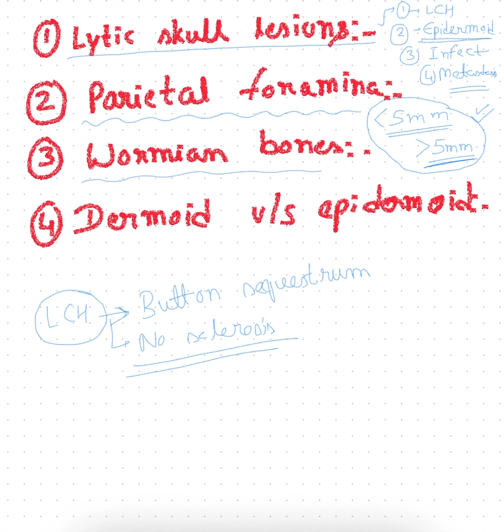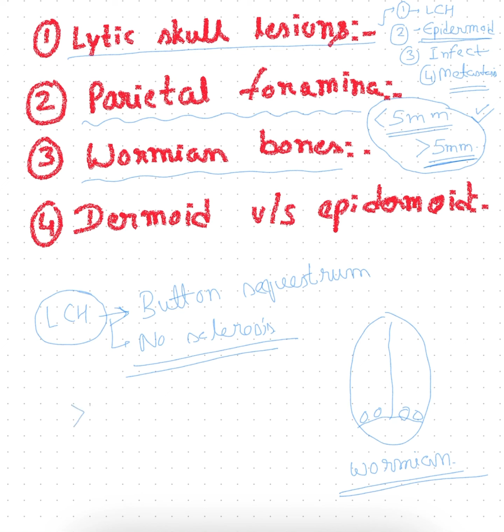Next are the Wormian bones. Wormian bones are basically intrasutural bones. They are multiple bones located around the lambdoid suture. Now, about the differential diagnosis: if these intrasutural bones are fewer than 10 in number, then they are idiopathic.